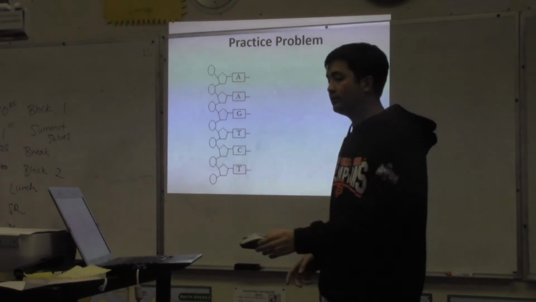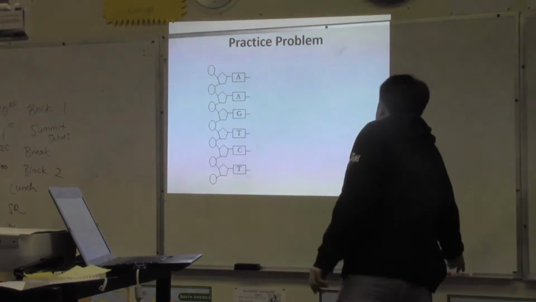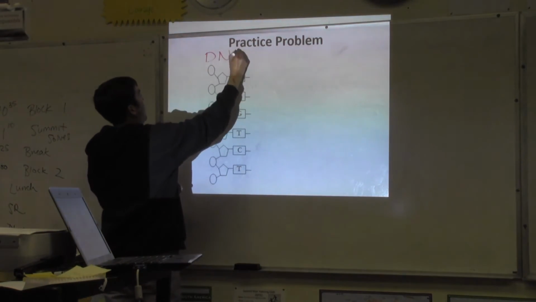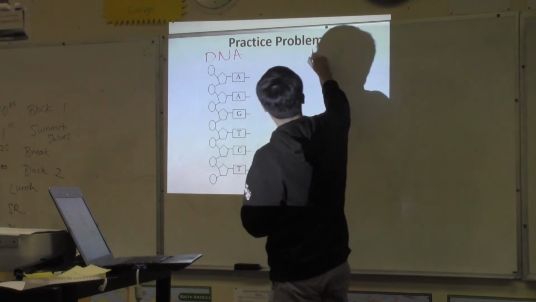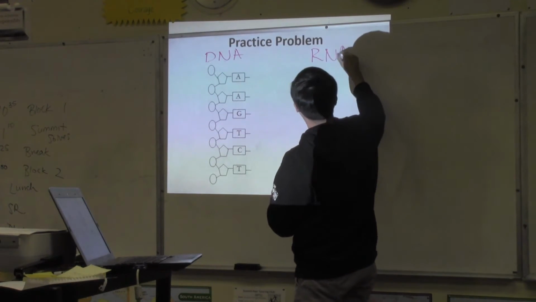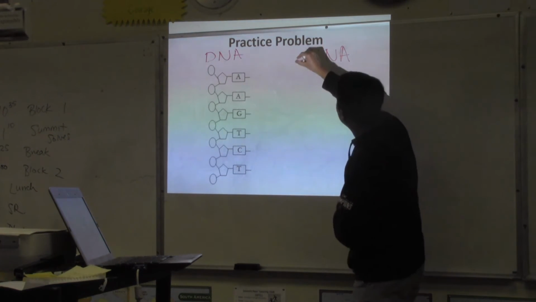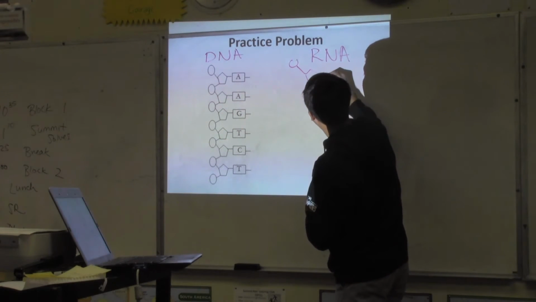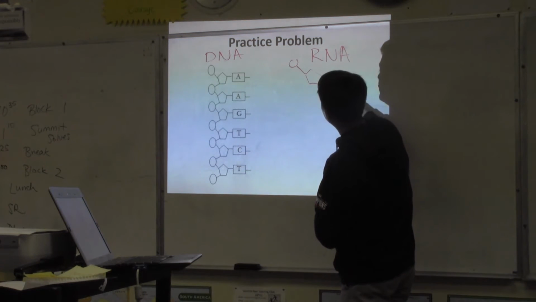All right. So what I want you guys now to do is we have some DNA right here. This is a practice problem. I want you to draw what the RNA would look like in your notes. So draw the structure of the RNA and just make sure you label the different parts. And then put how it would be different.